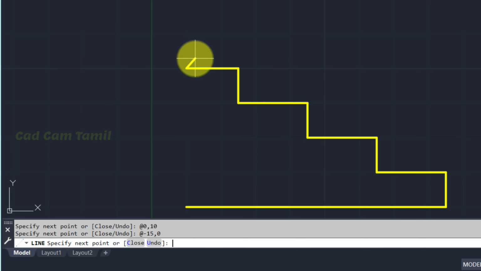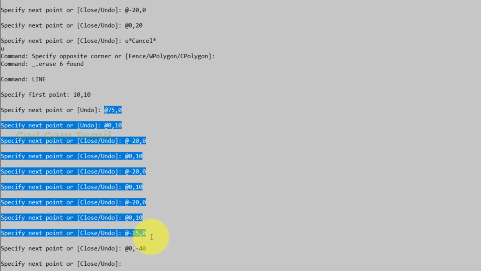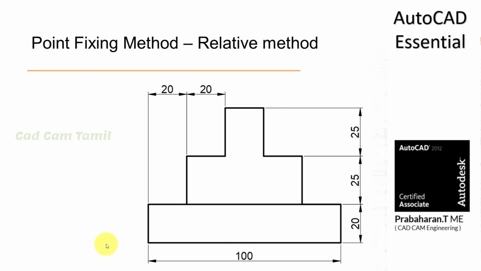How much distance? At x is 0, y becomes minus 40 mm. So I got the object. You see here, except for the first point, for all other points I gave the x distance, y distance of each point from the previous point. Okay, right.